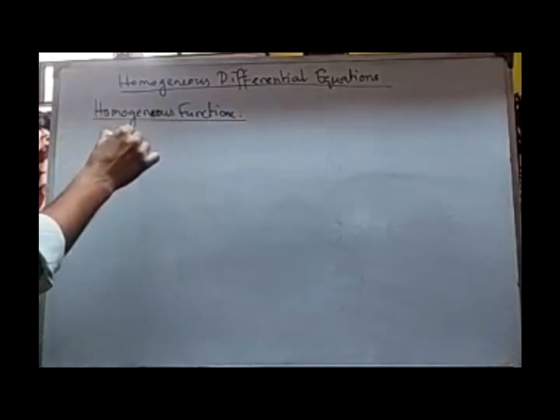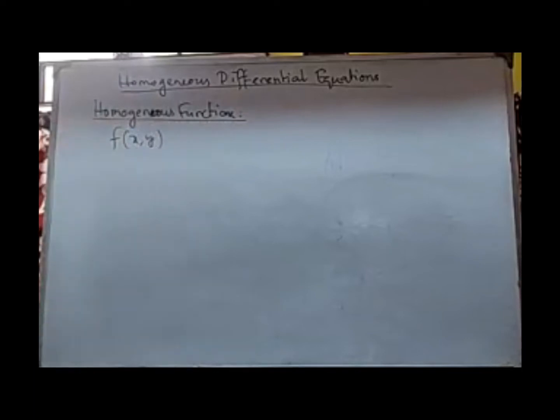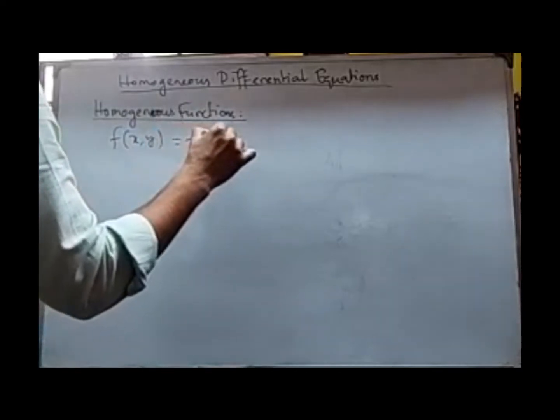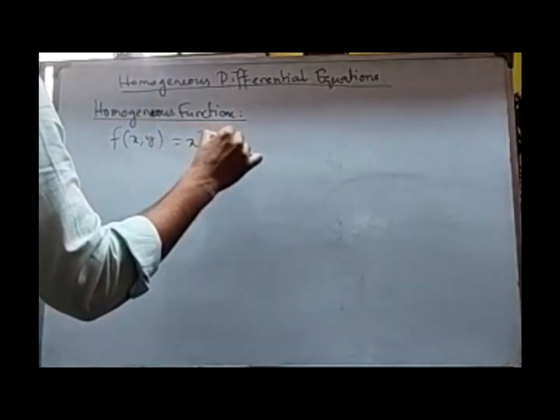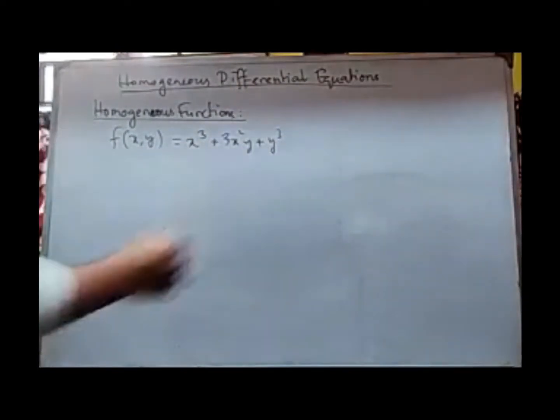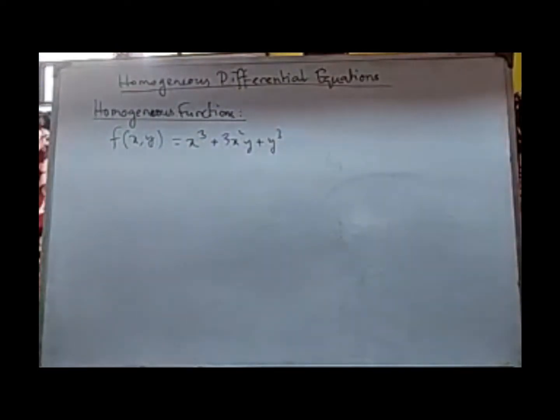Suppose you have a function of x and y, two variables. Any expression of x and y. Suppose this is x cubed plus 3x square y plus y cubed. Now you see one thing. All the terms here are having the degree 3.